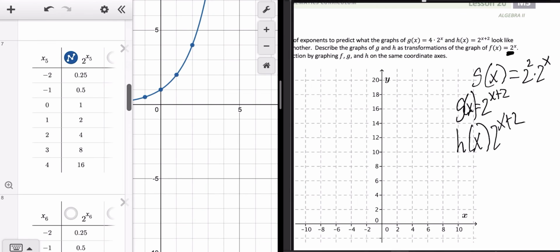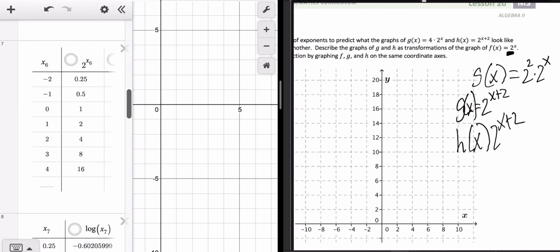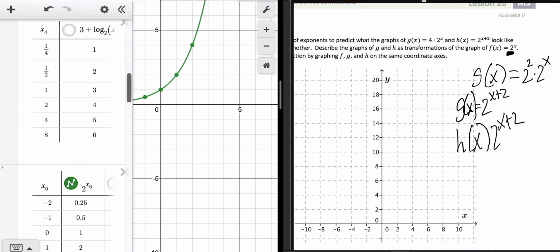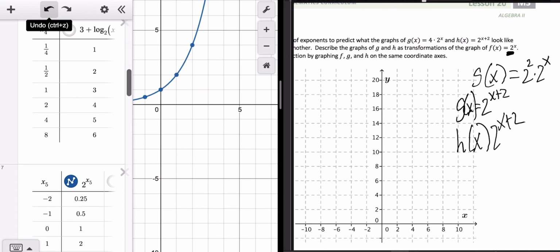Let's see if I have it. There's a base 2. Let's see what's going on here. Oh, I think I just deleted that one. Oh no. Let's go undo. Okay. There's g of x.